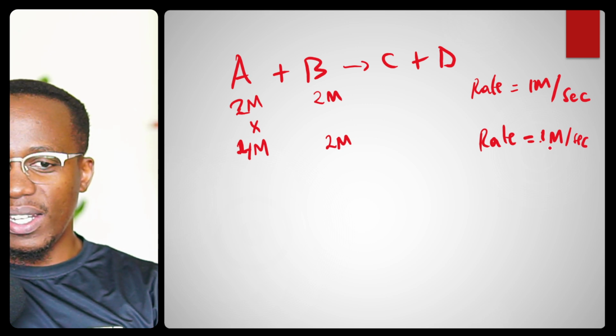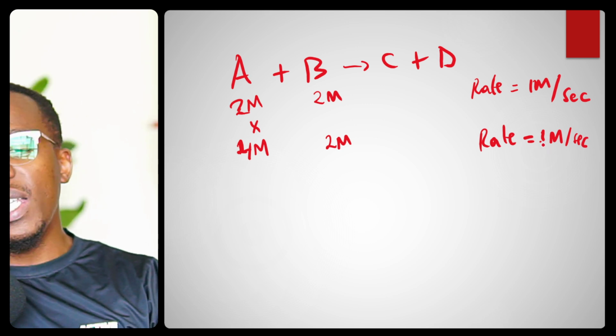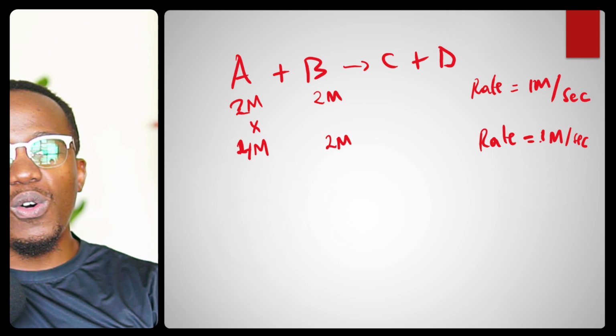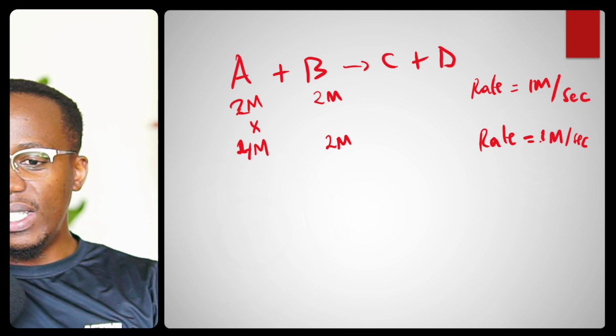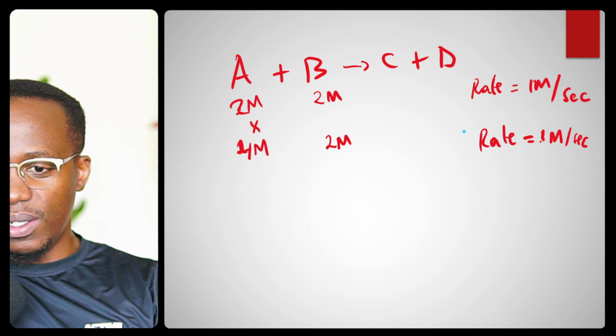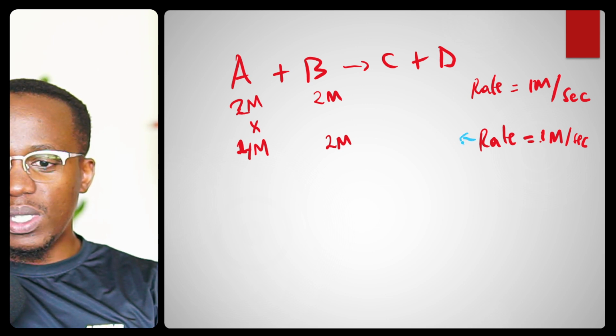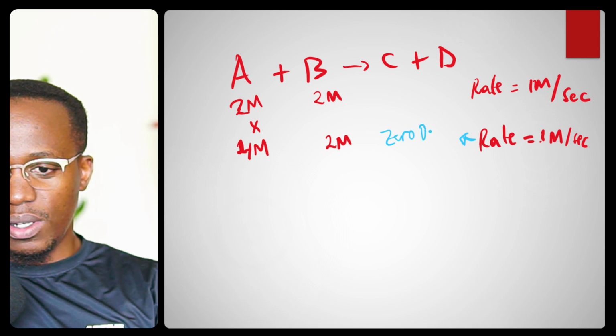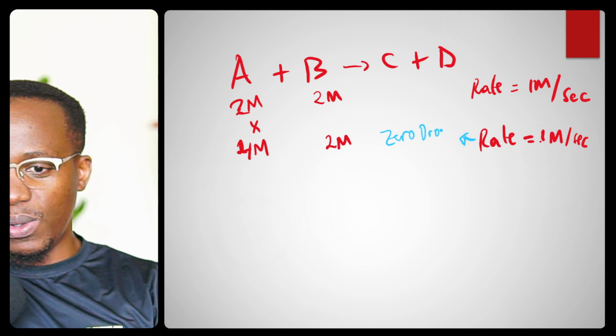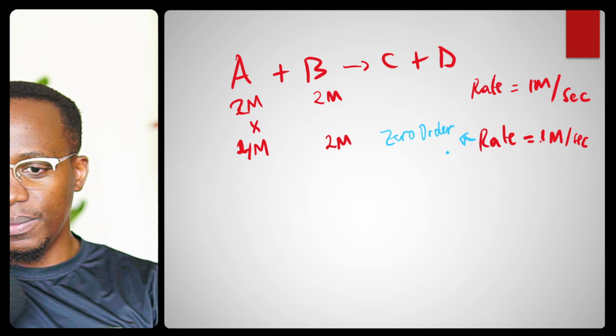What does that mean? Guess what? It means that it is a zero order reaction, because the rate doesn't change. So zero order with respect to A at least, right?